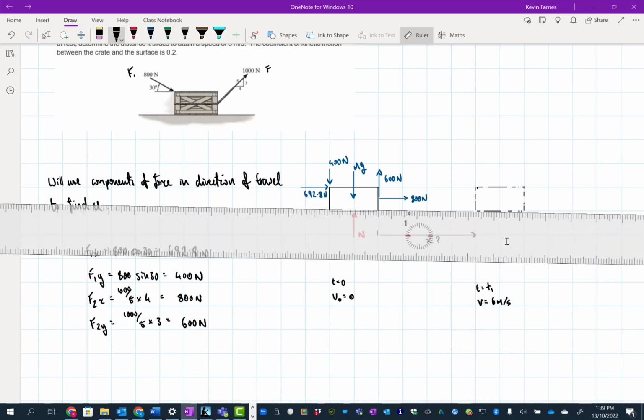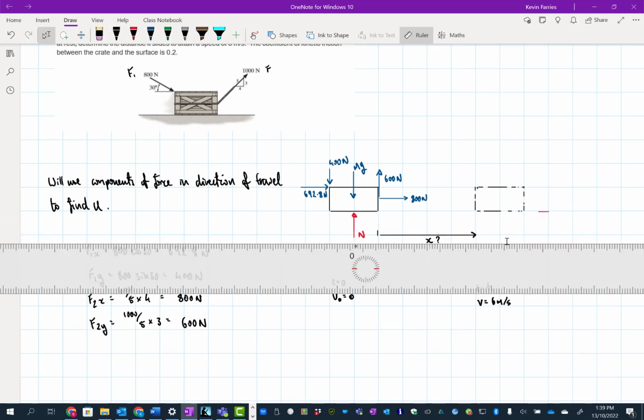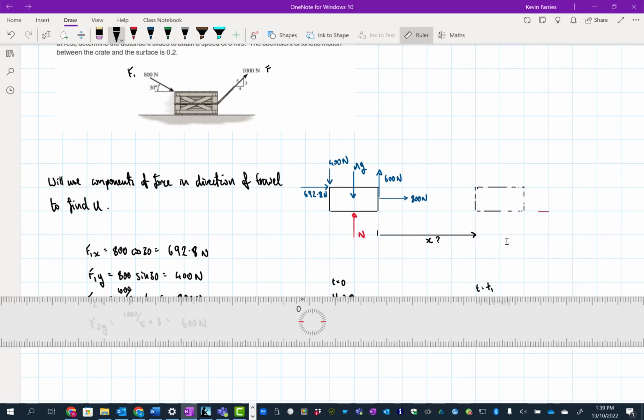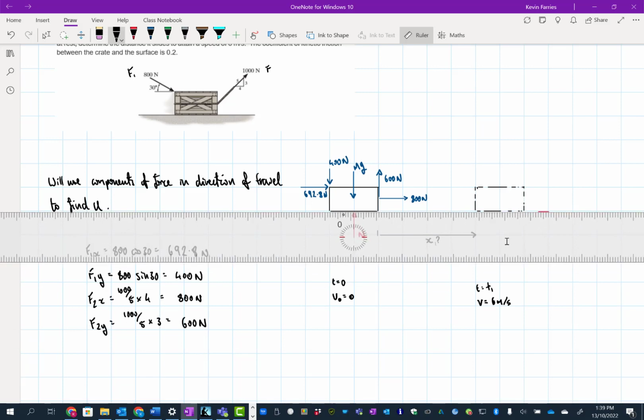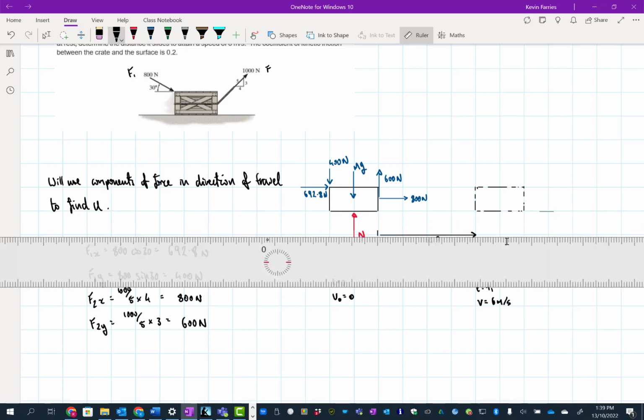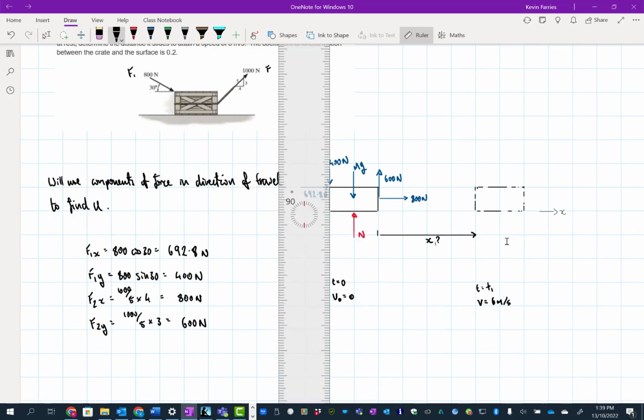And we should probably show our axes. Maybe we call this x1, the displacement at time 1. And so probably draw our axes. So that is the x direction, positive to the right, y is this way.